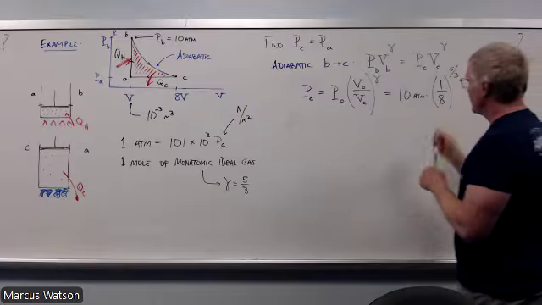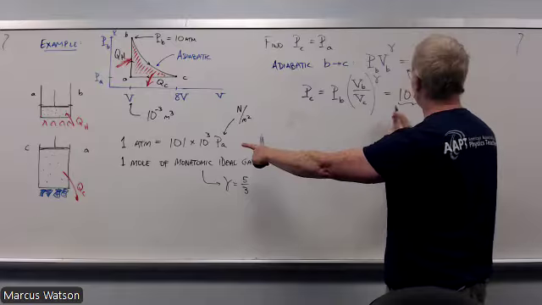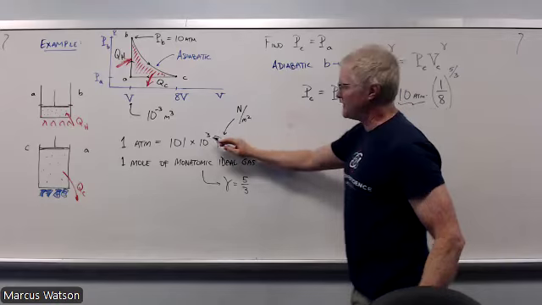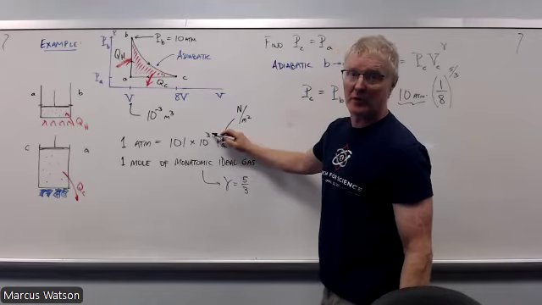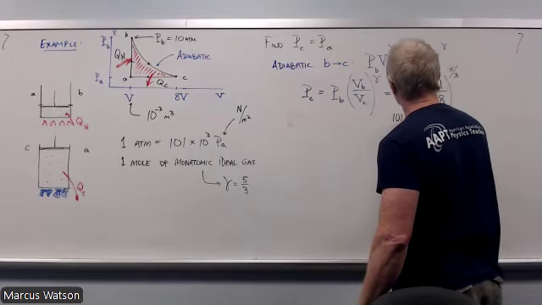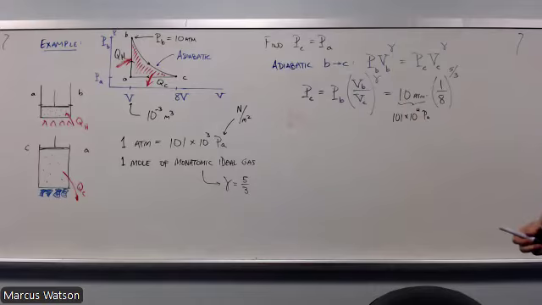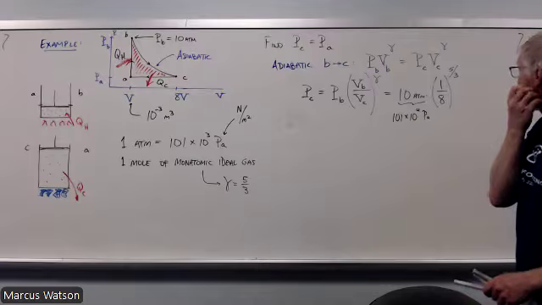All right, remembering that if I've got 1 atmosphere being that number, then 10 atmospheres is just this number times 10 to the 4th. Okay, so I can put that in here instead of atmospheres, and I'll be copacetic with the units.